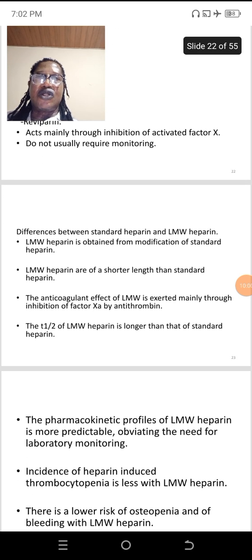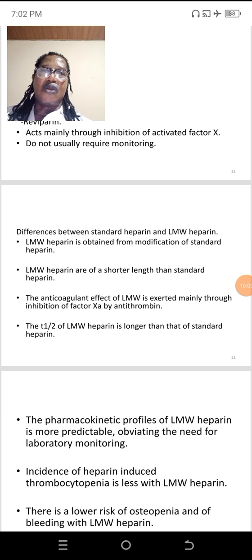The differences between standard heparin and low molecular weight heparin include the source. Low molecular weight heparin is obtained from modification of standard heparin. Then low molecular weight heparins are of a shorter length than standard heparin. Then the mode of action also is different.